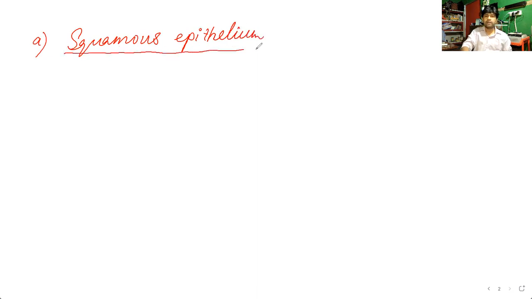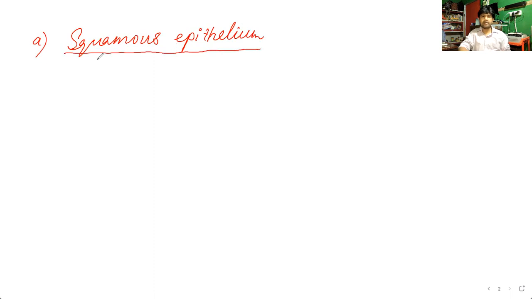So 4 categories are there. Number 1 is the squamous epithelium or squamous epithelial tissue. This is the first one.